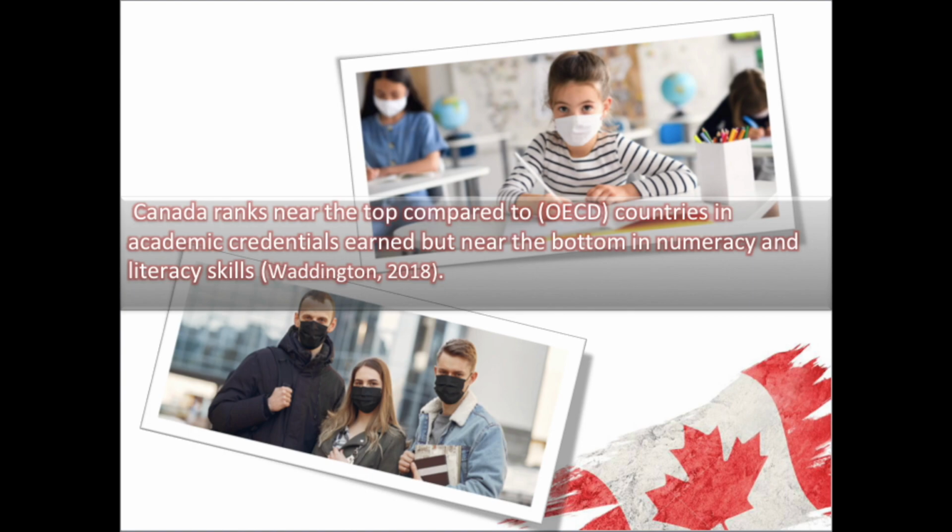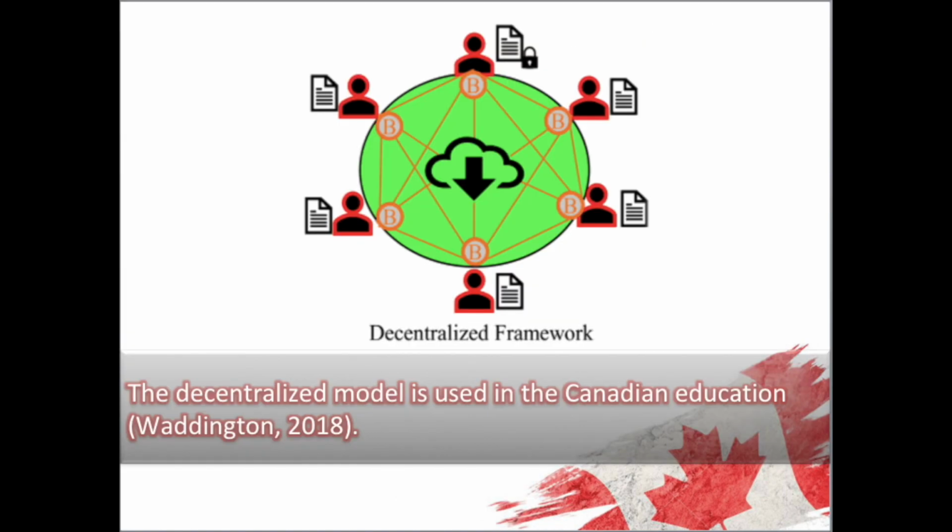According to Waddington, Canada ranks near the top compared to the Organization of Economic Cooperation and Development countries in academic credentials earned, but near the bottom in numeracy and literacy skills. Waddington attributes that to the decentralized model in education that Canada follows.